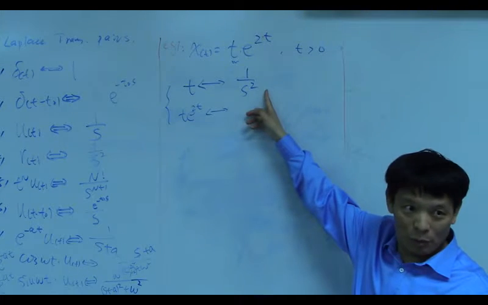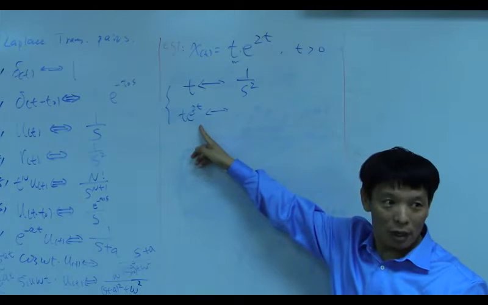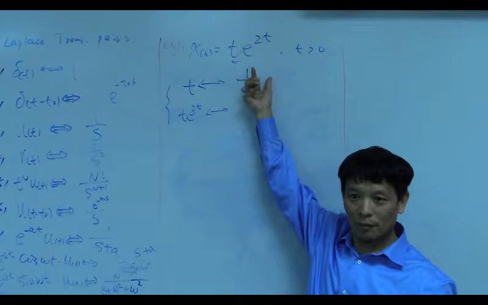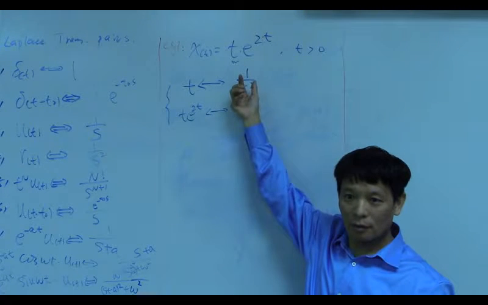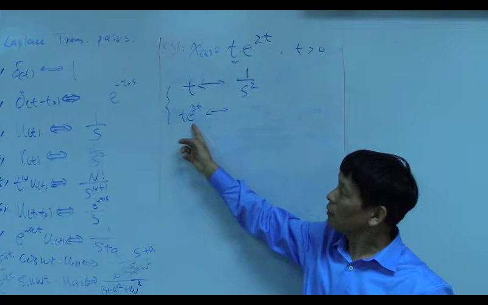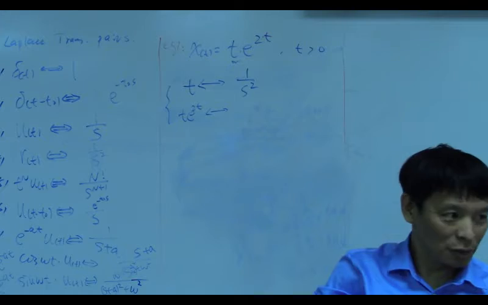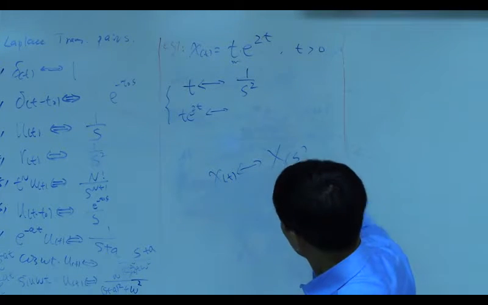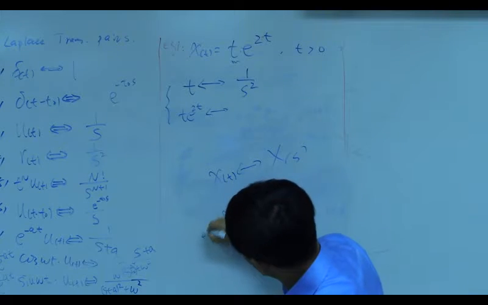This one is not what we want. What we want is this one. So how to get the Laplace transform of this from here? We would do the transform for e to the at. Now we need to use that property. Okay, suppose we know this. How to get this, e to the at?